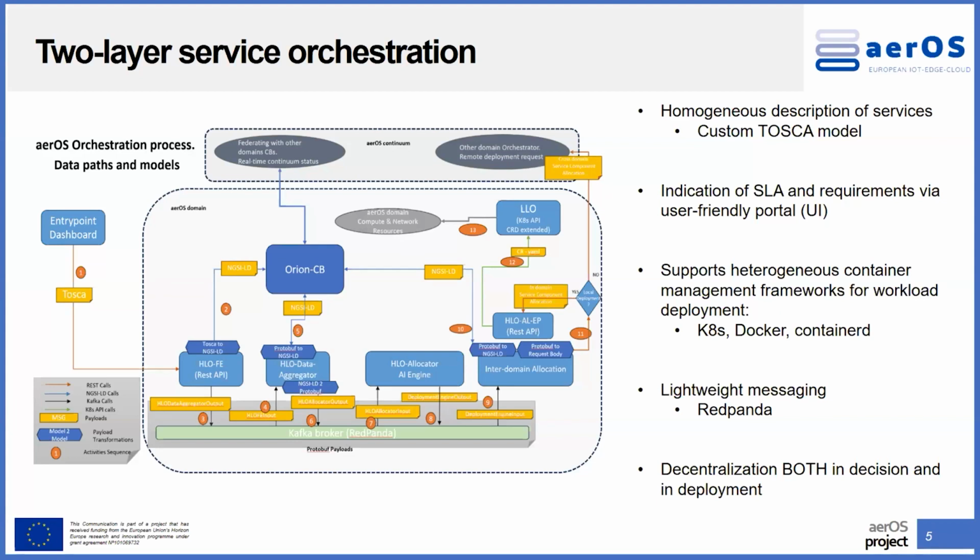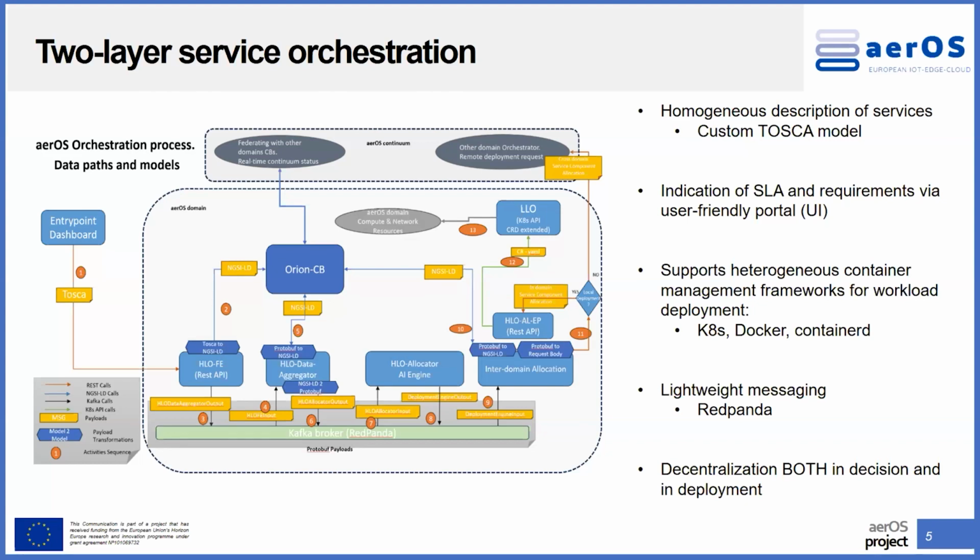It's received by the first level of the orchestrator, and internally this follows a process where messages are exchanged from one component to the other of the high-level orchestrator. All these messages are very well and specifically modeled, and they are exchanged through a lightweight messaging protocol, a Kafka protocol implementation, which is Redpanda.